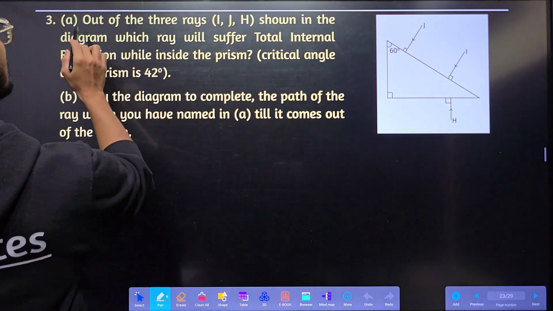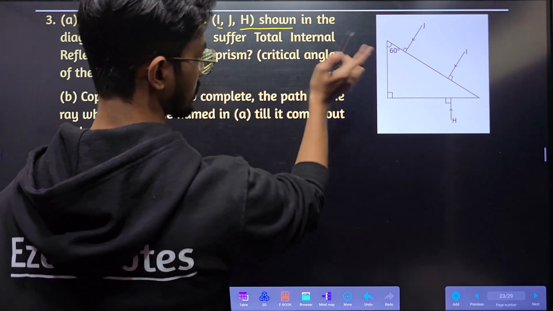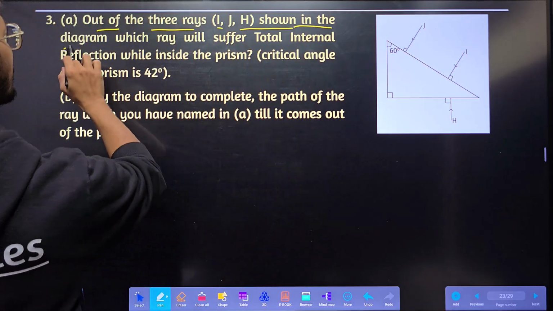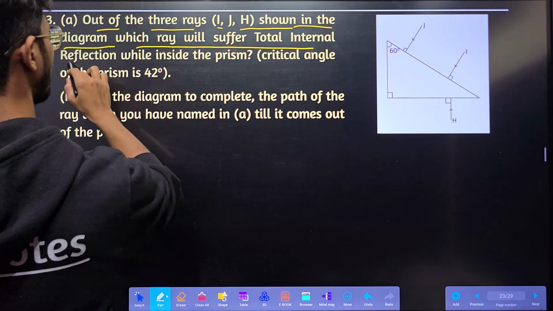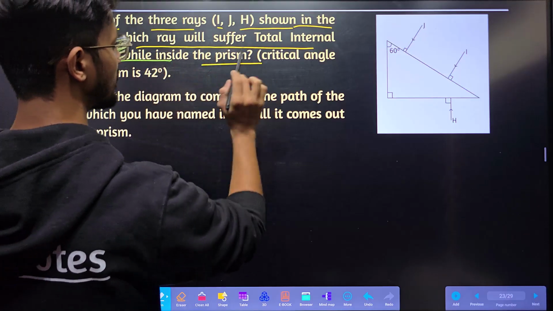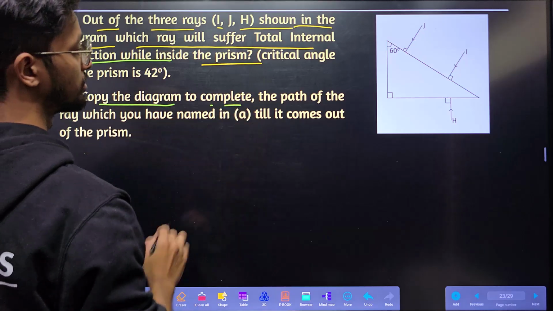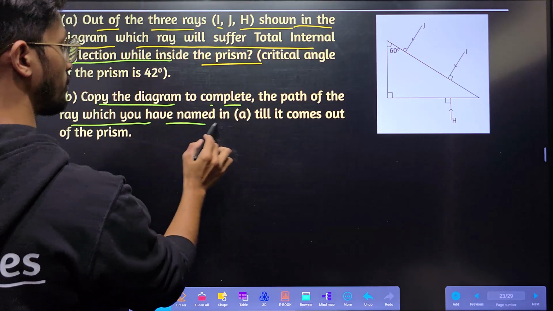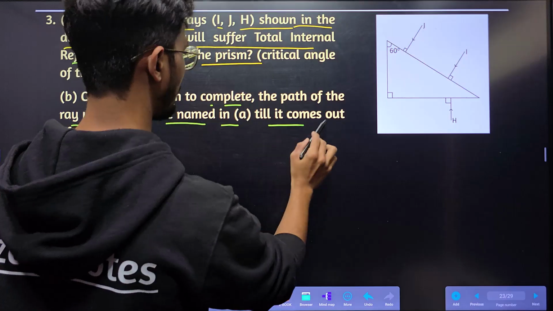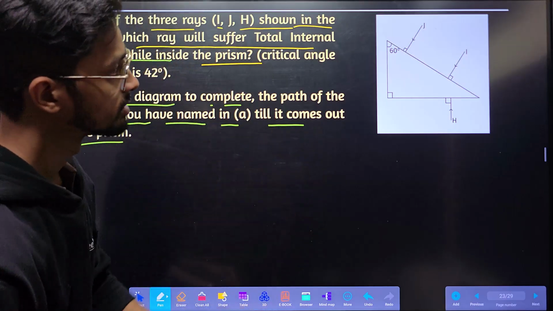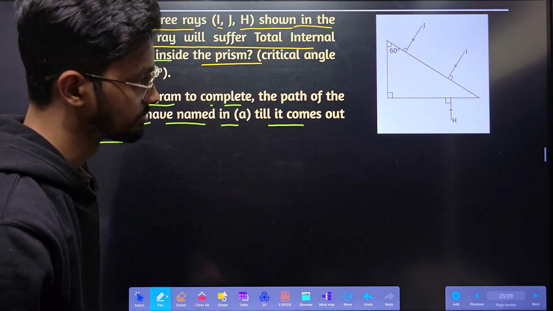Next, out of the three rays I, J and H shown in the diagram, which ray will suffer TIR while inside the prism? Copy the diagram to complete the path of the ray until it comes out of the prism. Let's try all of them.